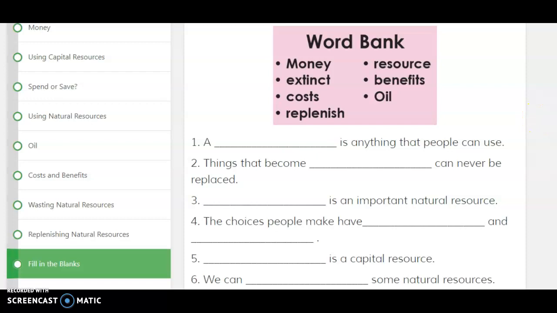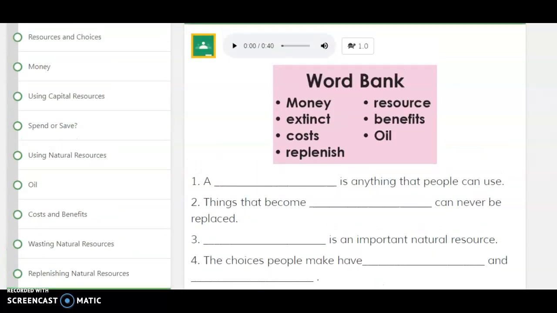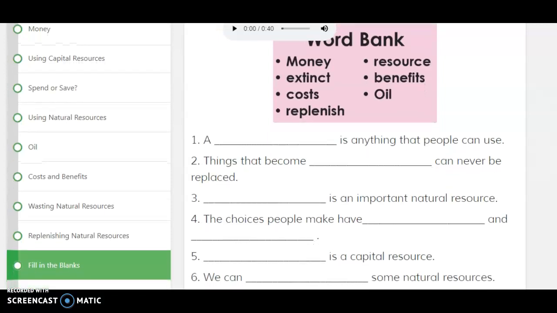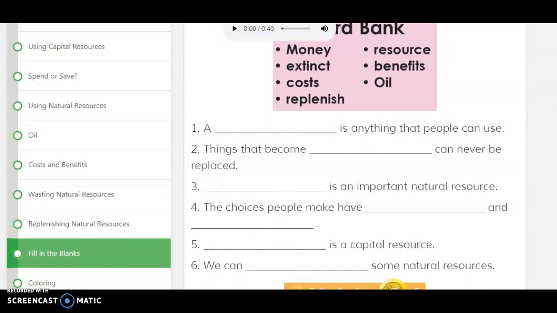So here is an example of the assignment, one of the things that you will do in a minute. Here is the word bank, and you're going to answer some of these questions. We have money, extinct, cost, replenish, resource, benefits, and oil. Number 1, a blank is anything that people can use.